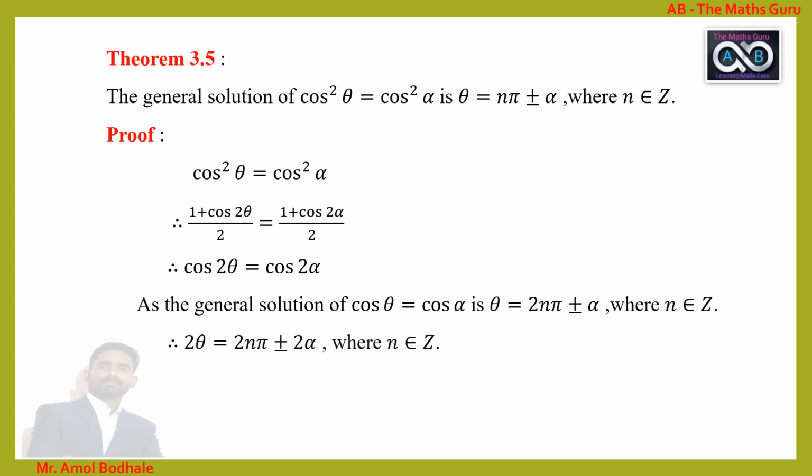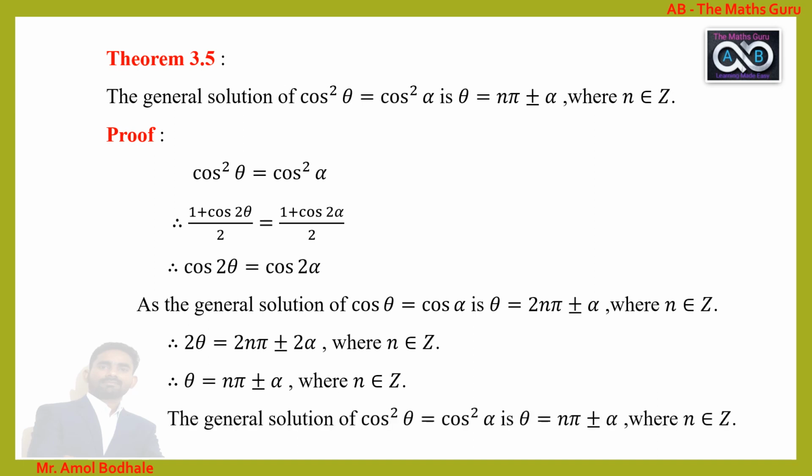So we will get 2 theta equals 2n pi plus or minus 2 alpha. Therefore theta equals n pi plus or minus alpha. So the general solution of cos square theta equals cos square alpha is theta equals n pi plus or minus alpha, where n belongs to Z.